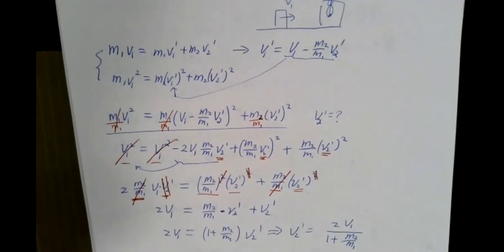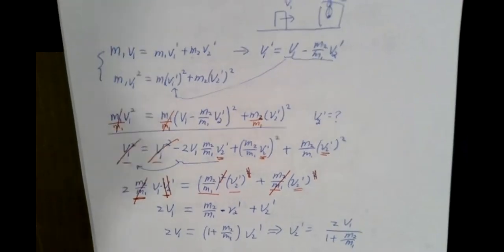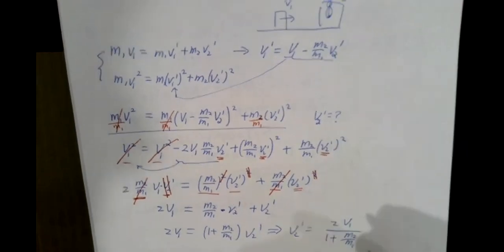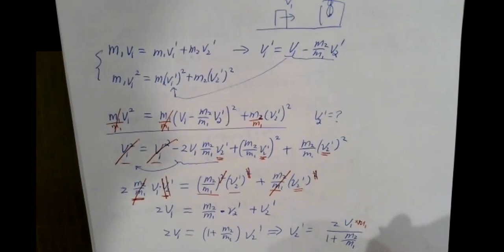Okay, and then you can rewrite this guy. So if you multiply m1 here on the top, and then also m1 here at the bottom, but remember you should put parentheses here.